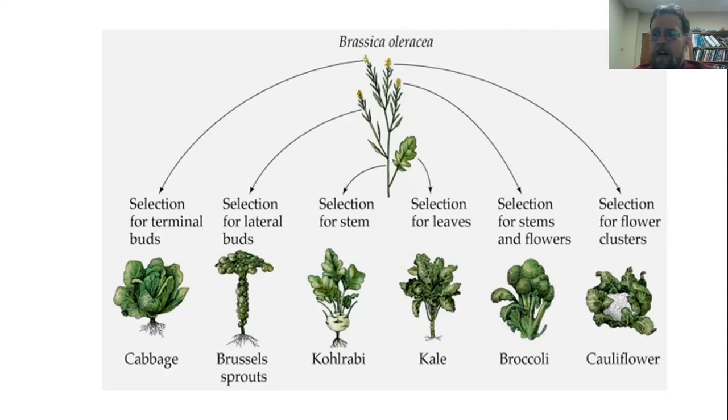So cauliflower, broccoli, kale, kohlrabi, Brussels sprouts, and cabbage are all the same species of plant that has been selectively bred for different parts of the plant. So if we selected it for flower clusters, we could get cauliflower. If we wanted lateral buds, we could get Brussels sprouts. If we wanted leaves, we can get kale. Over many, many generations of breeding the plant to have it show those different qualities.